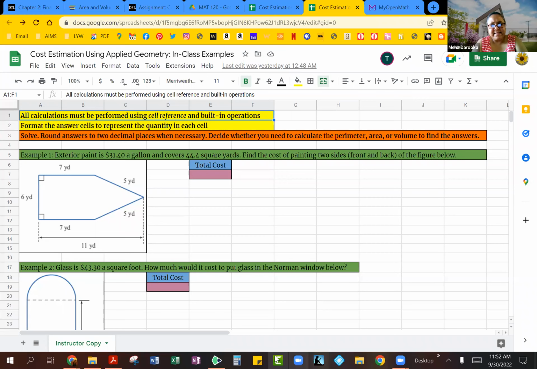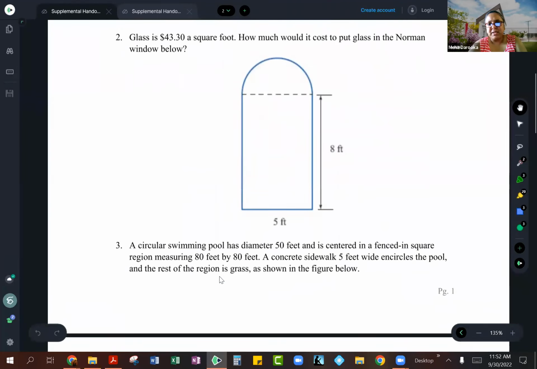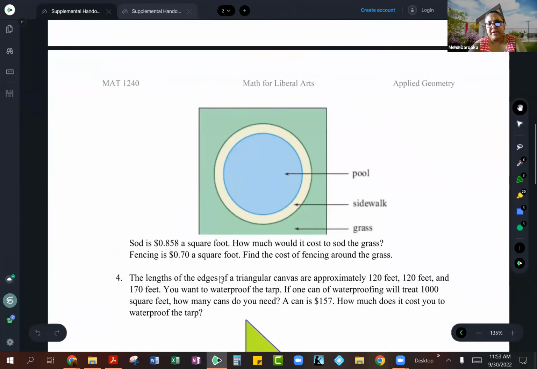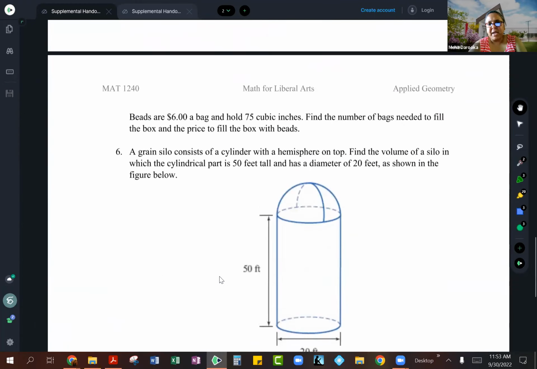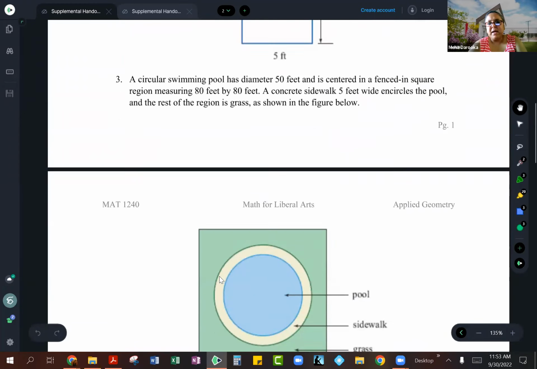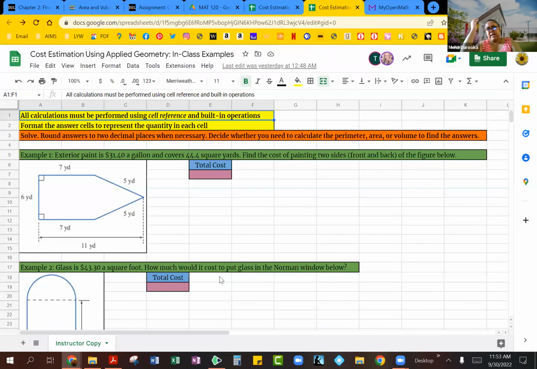So it's basically the same questions, but I just put them in a spreadsheet so we could work through them. You can see some of these are going to be area type of questions. Some of these are going to be volume type of questions. These are the same questions that you have in your handout that I have included here in our Google Sheets.